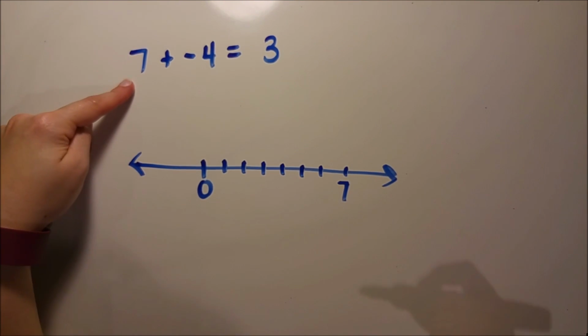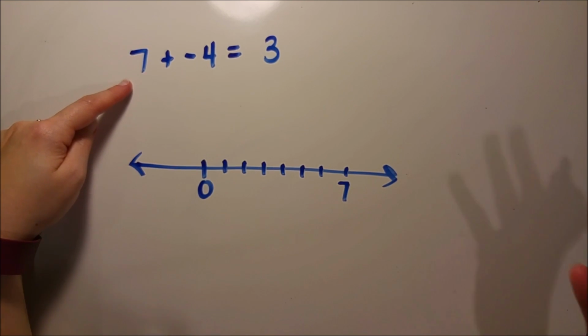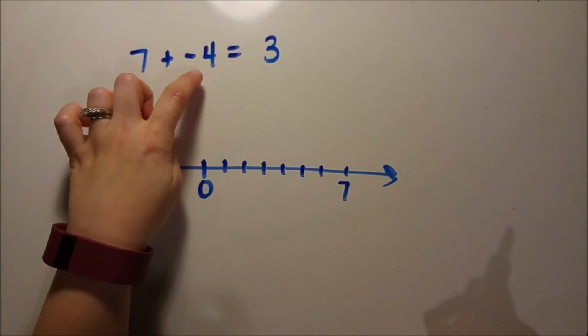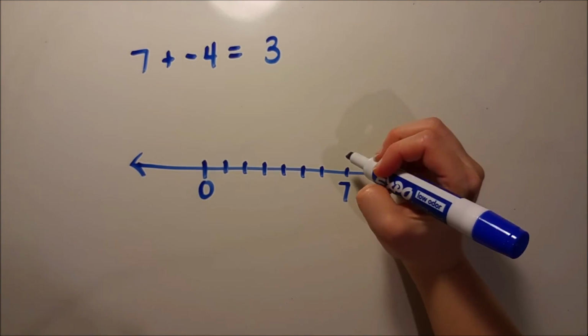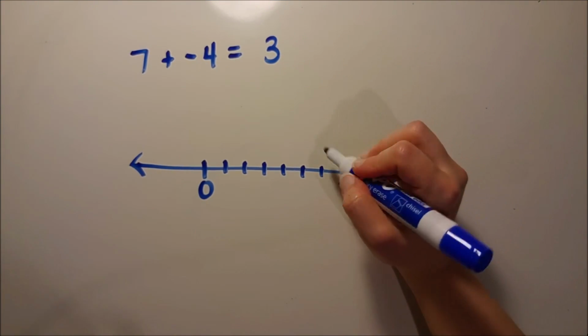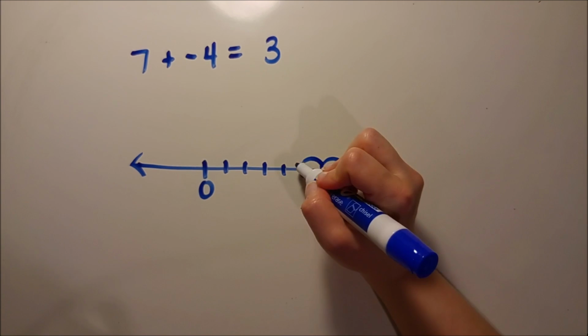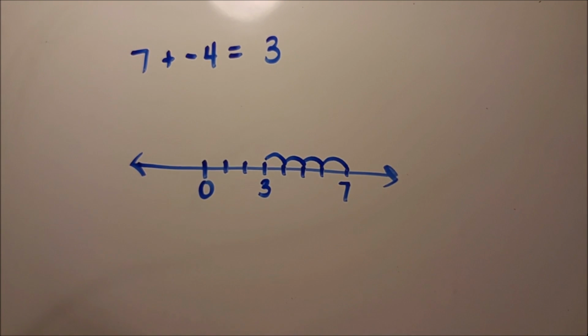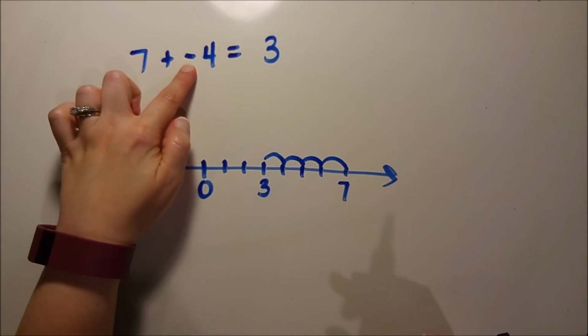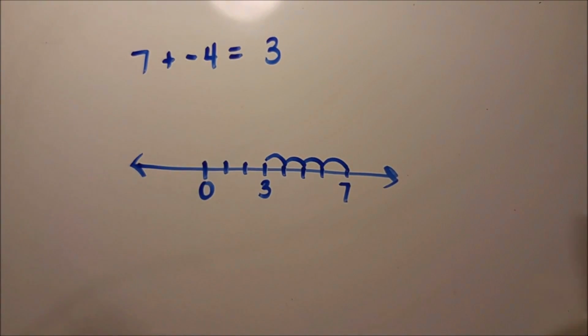Say you have $7 and you're losing $4 to pay for a burger or something. So it is like subtraction. 1, 2, 3, 4. We have $3 left. That is why our negative and our subtraction sign are the same.